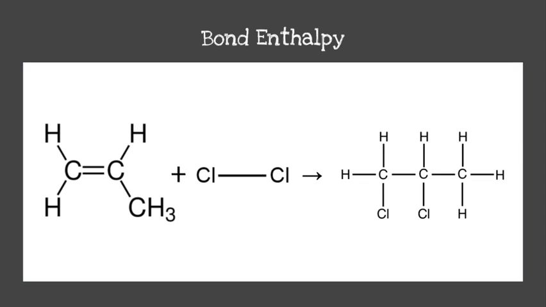So let's take this for example. This is C. There are three C's. This is propene and chlorine gas, which yields 1,2-dichloropropane.